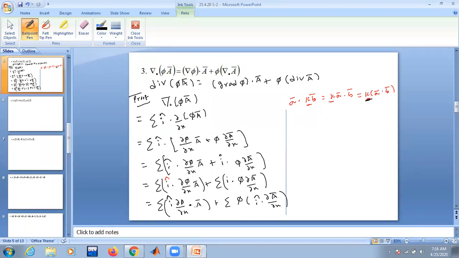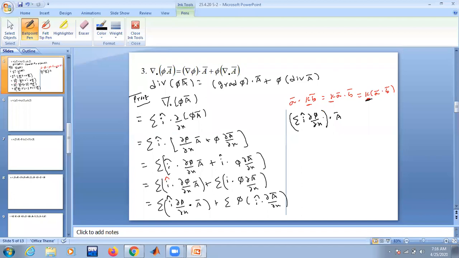So this dot A bar is common in every term when you expand the first summation, right? So I can use the distributive law and take A bar common. That means I can write the first term as sigma i dou phi by dou x dot product with A bar. Can you see the change here? I applied the distributive property here.